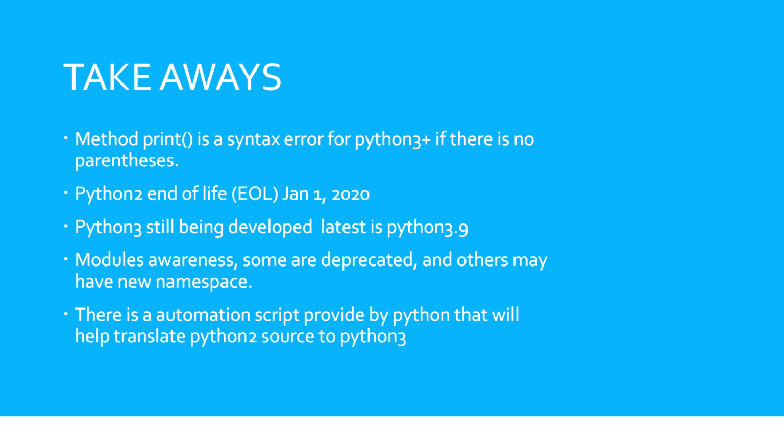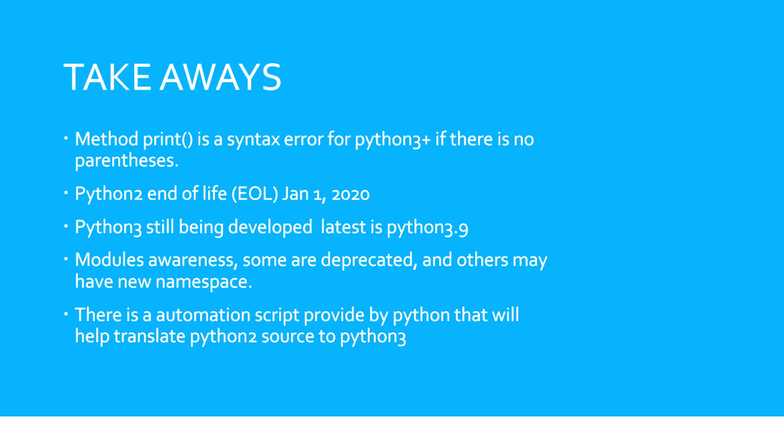The other thing is module awareness. Some are deprecated. Some may have new namespaces. The good thing, though, is that when you want to do this upgrade or share an environment, there is an automation script provided by Python.org that you can find the source to, and you can run it.